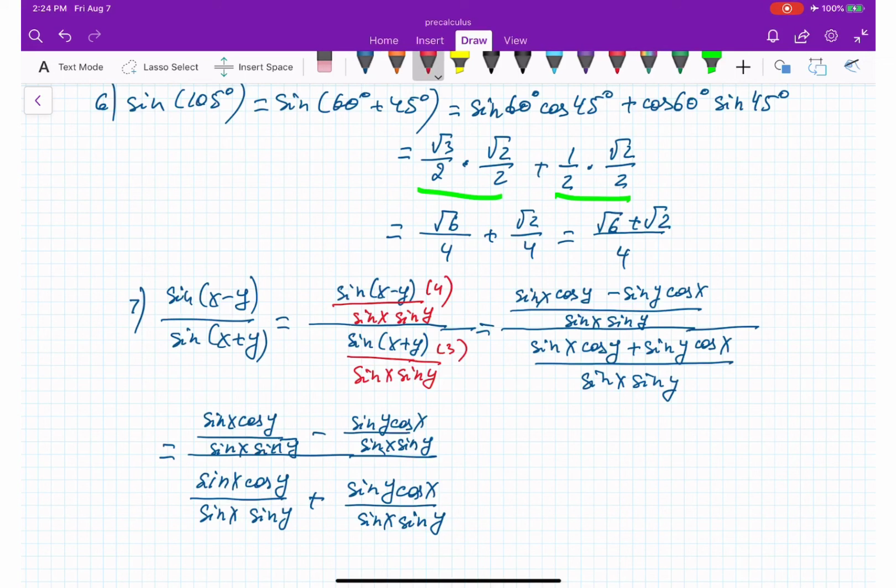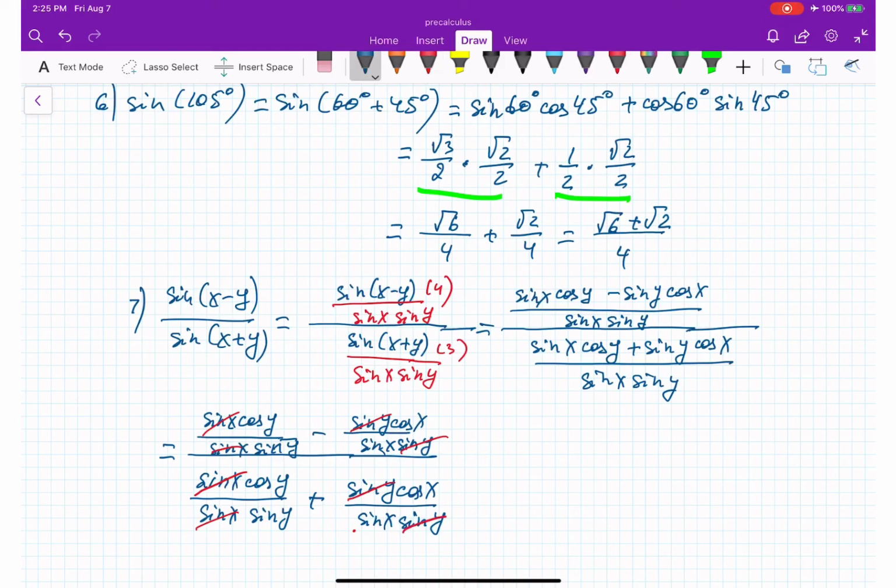Okay, let's see if we can cancel. Let's take the first fraction, sine x cosine y over sine x sine y. So sine x I can cancel with sine x. In the second one, sine y, I can cancel with sine y. In the denominator, sine x, I'm canceling with sine x. And the other term in the denominator, I'm canceling sine y with sine y.